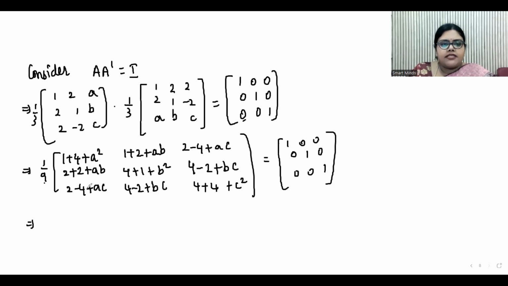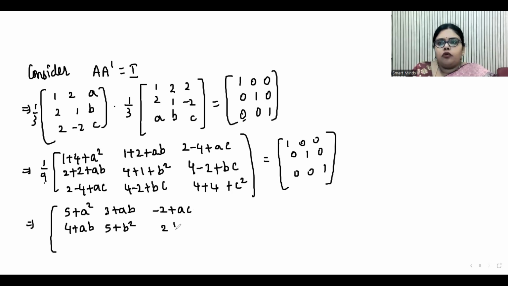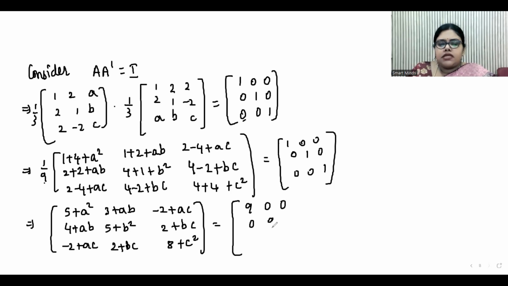If you simplify this matrix, you will get 5 plus A square, 3 plus AB, minus 2 plus AC; 4 plus AB, 5 plus B square, 2 plus BC; minus 2 plus AC, 2 plus BC, 8 plus C square. If I take 1 by 9 that side, it becomes 9 into the identity matrix, so that will be 9 0 0, 0 9 0, 0 0 9.